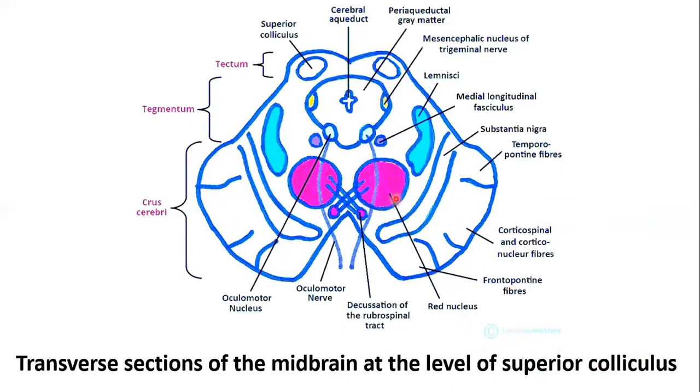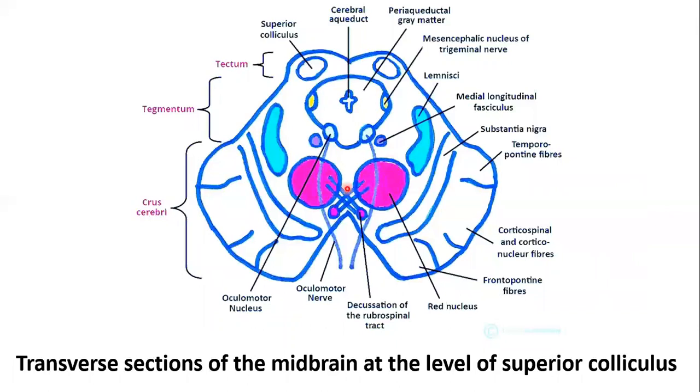The red color is because it is very vascular and contains a lot of blood vessels and a heme-containing, blood-containing pigment. So this is why it is red. We'll discuss its afferents and efferents very shortly.